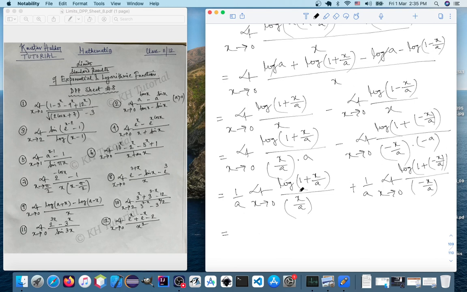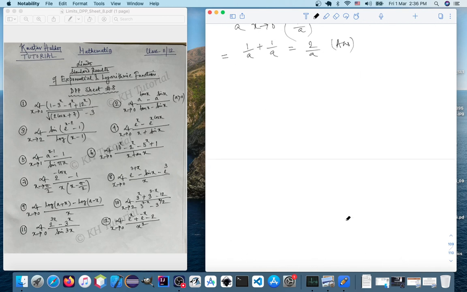So now this limit is 1 and this limit is 1, so we get 1 by a plus 1 by a, which is 2 by a is the answer.